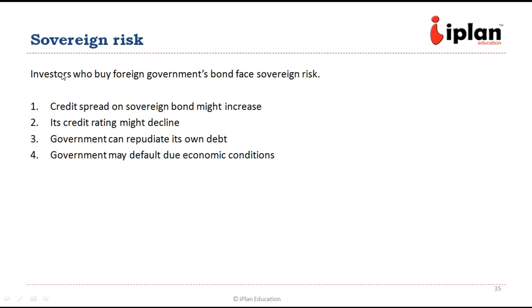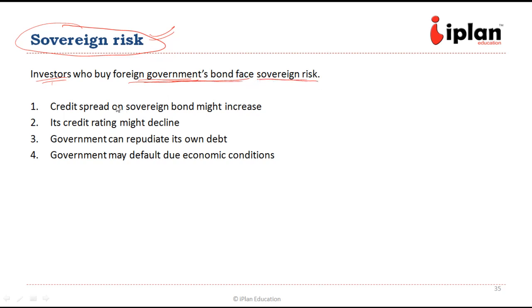Next is the sovereign risk. Sovereign risk is nothing but the country risk which is specific to a particular sovereign country. So if an investor is buying a foreign government's bond, there will be a sovereign risk associated with it. Since the government of a foreign country is promising to pay the interest, coupon and the principal, there is a sovereign risk.